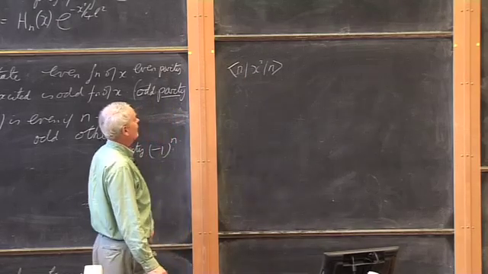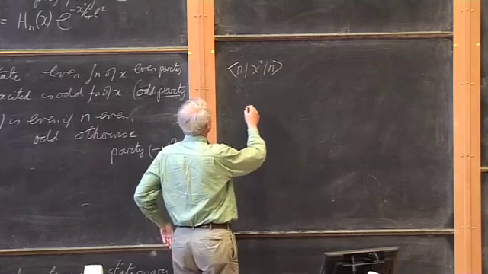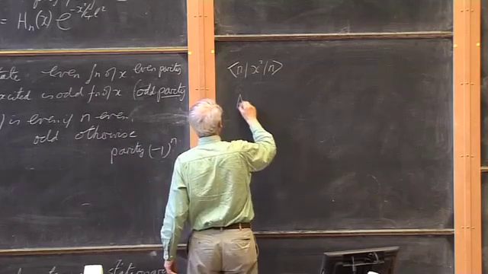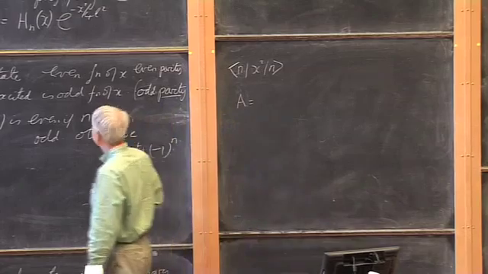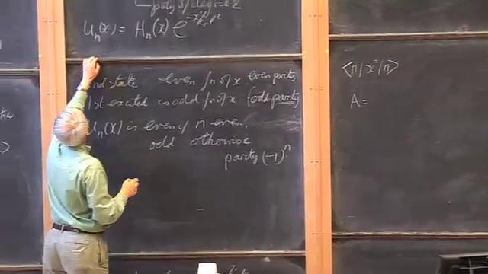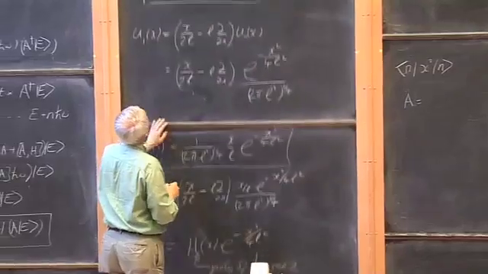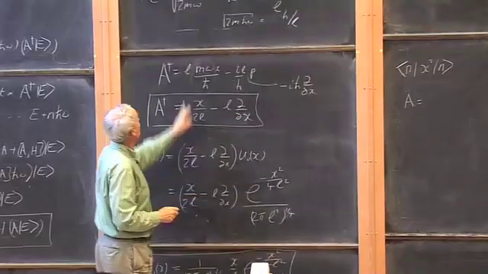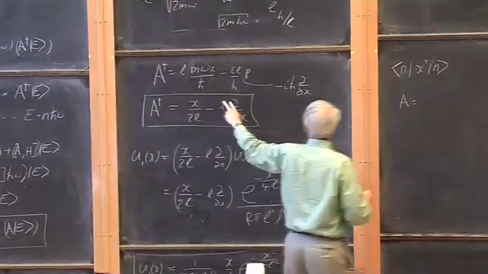Now, how do we work this out? What we do is we observe that A, now we had a dagger. We went to some trouble. Here we go. Here is A dagger.